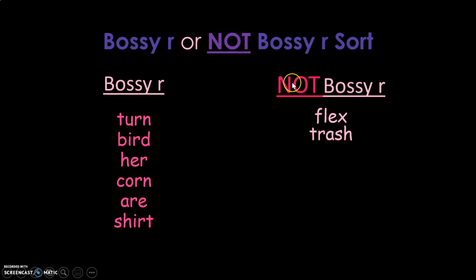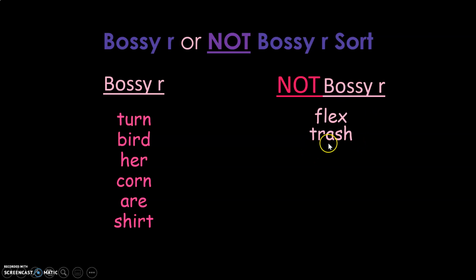The words that did not belong under the bossy R pattern are flex. Notice this word has one vowel, the letter E, closed in by the consonant X, making it closed and short. Flex. And trash.